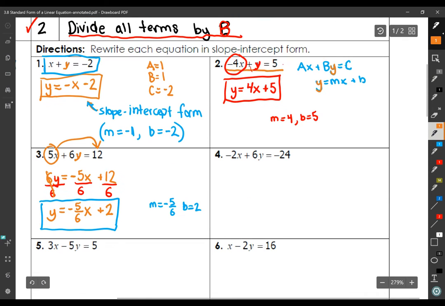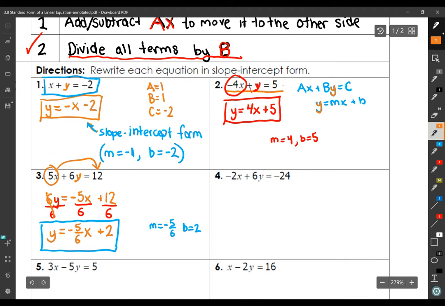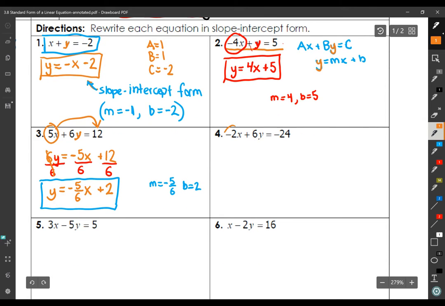Okay, so again, step 1, move that x term to the other side, right? So we have 6y is equal to positive 2x minus 24. Okay, divide each side by 6 now. So I'm going to have y is equal to 2 over 6x minus 24 over 6.